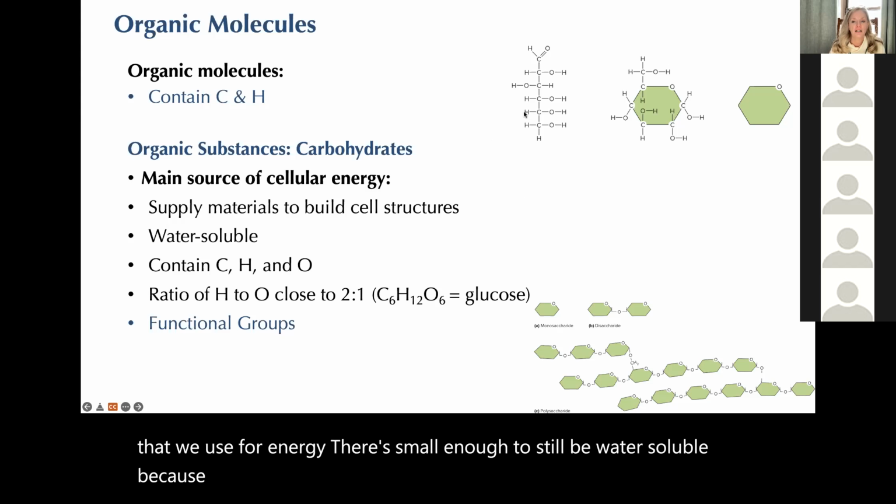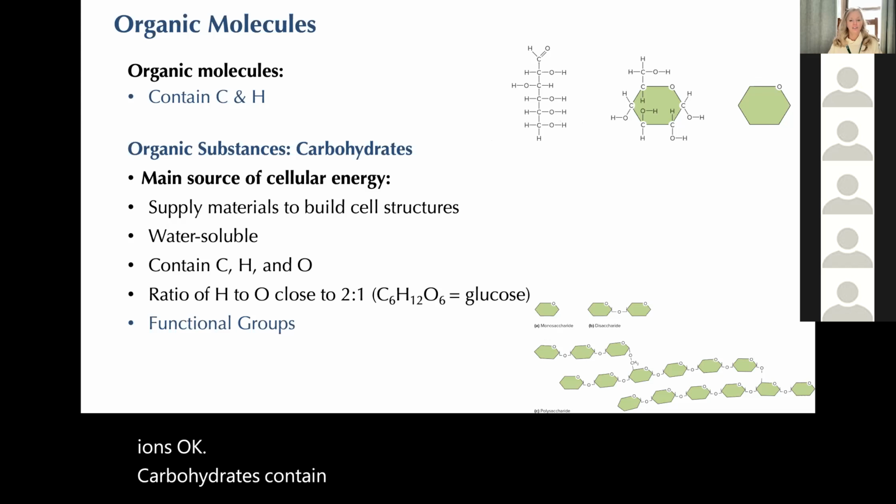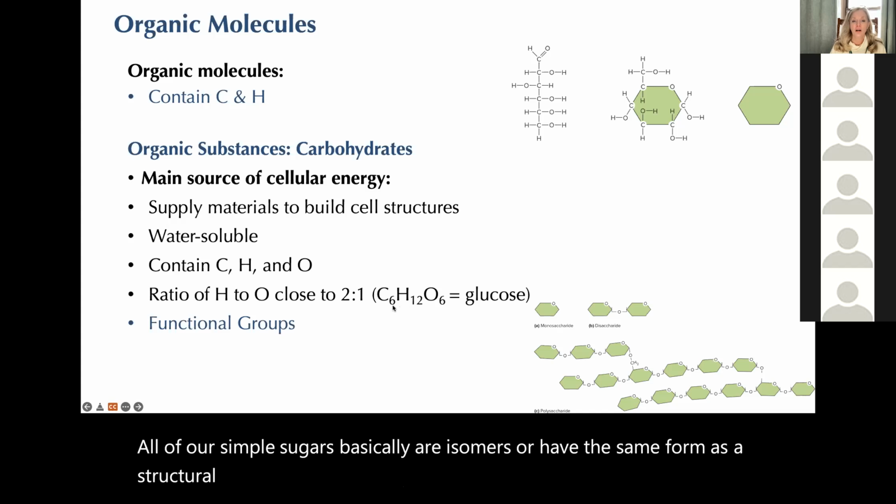Carbohydrates contain carbon, hydrogen, and oxygen, and they usually contain them in a pretty specific ratio of hydrogen to oxygen, usually 2:1. All of our simple sugars are basically isomers, with the same structural formula as glucose: 6 carbons, 12 hydrogens, and 6 oxygens.